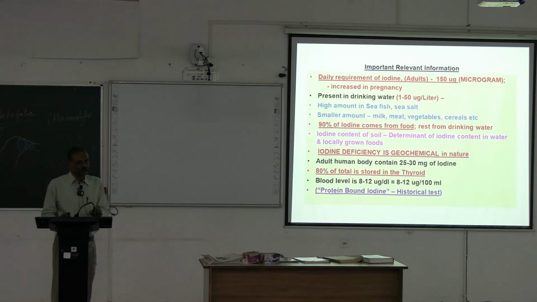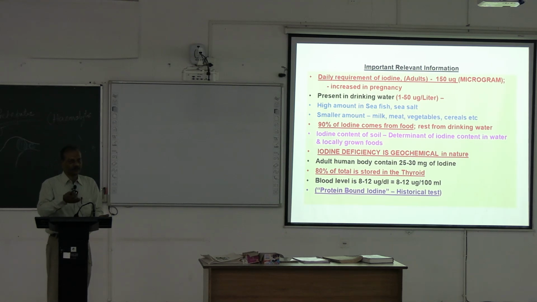Iodine deficiency is geochemical in nature, means iodine is present within the earth of a given geographical area. So from that area we get drinking water, so that water contains iodine. Vegetables are grown on that earth, so we get iodine from the vegetables.